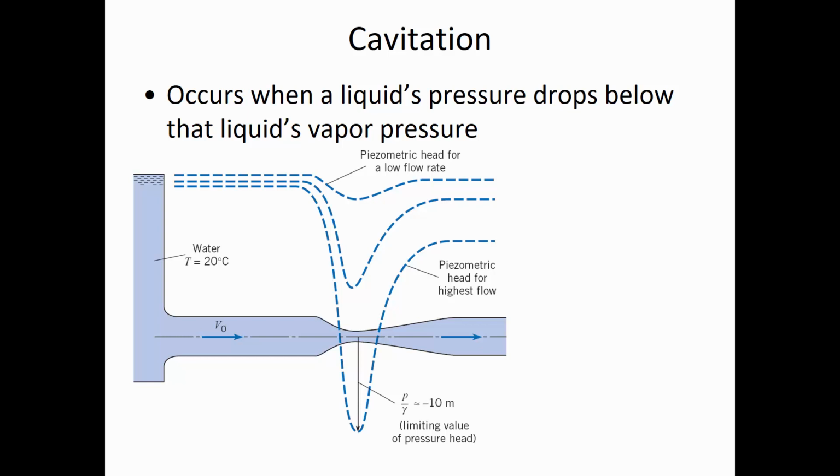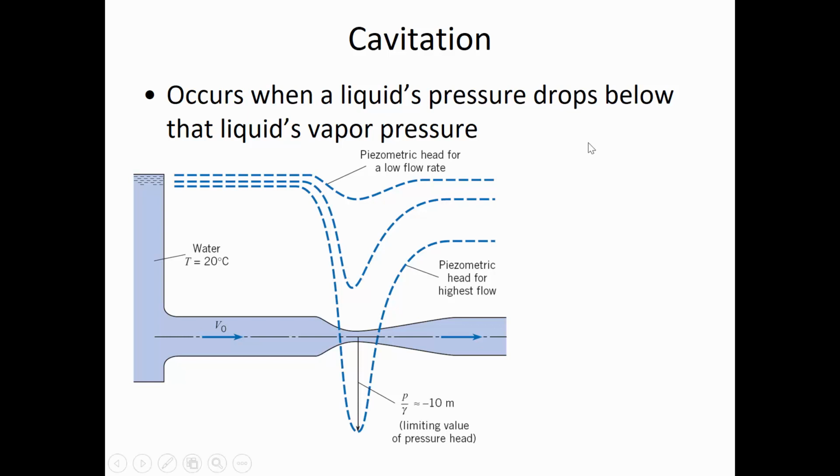But what this scale drawing is meant to illustrate is that the velocity can be going so fast through this throat of the nozzle that the pressure goes really low. And the pressure on an absolute basis is still above 0, but on a gauge basis, it's below 0.